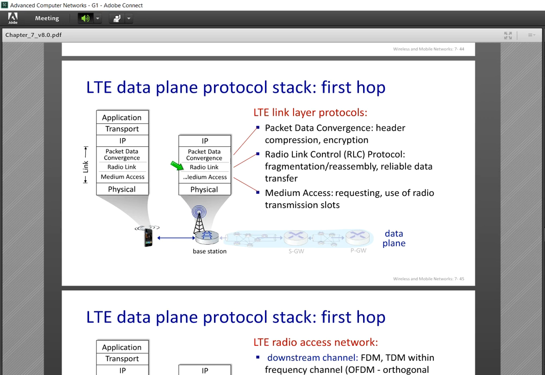This is one of the main differences between different generations of cell phones: how I should create and manage those radio links. I should control it. For example, when I'm talking about a 3G network and a 4G network, the main difference is in the radio link.